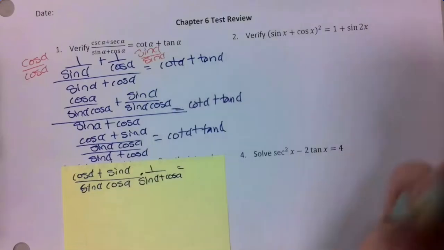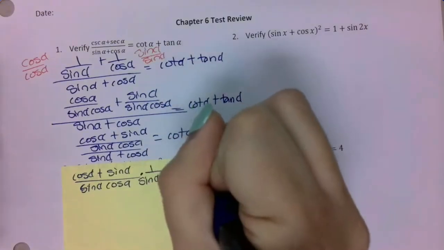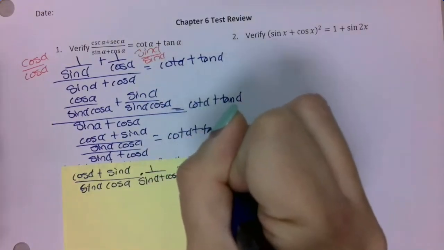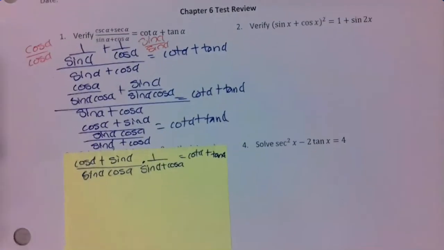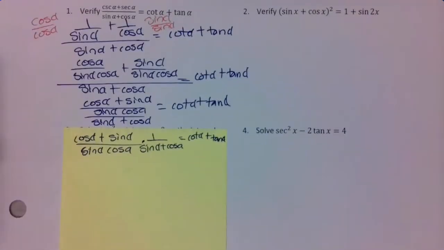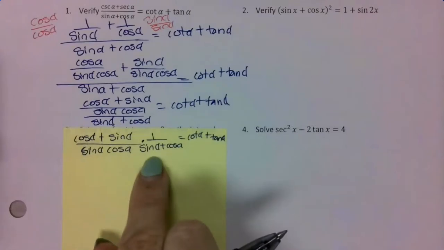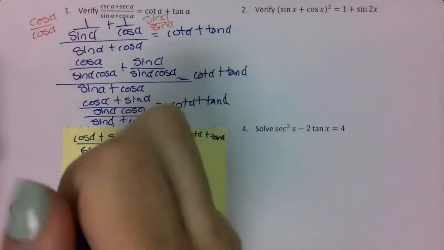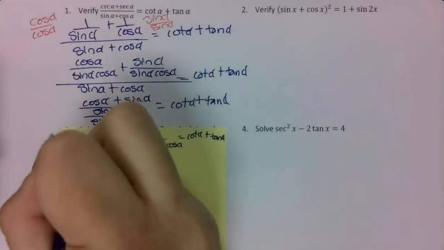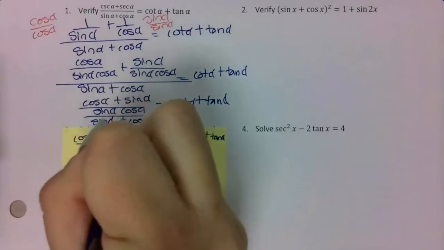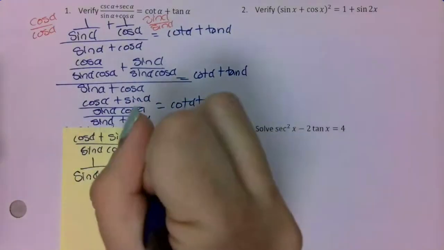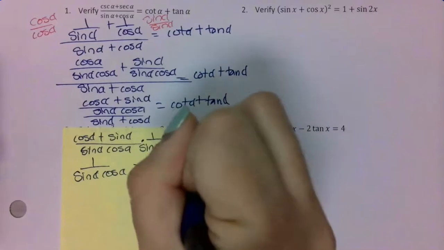And this equals the cotangent plus tangent. Then the numerator here and the denominator here will cancel out, which just leaves me with 1 over sine alpha cosine alpha equals cotangent alpha plus tangent alpha.